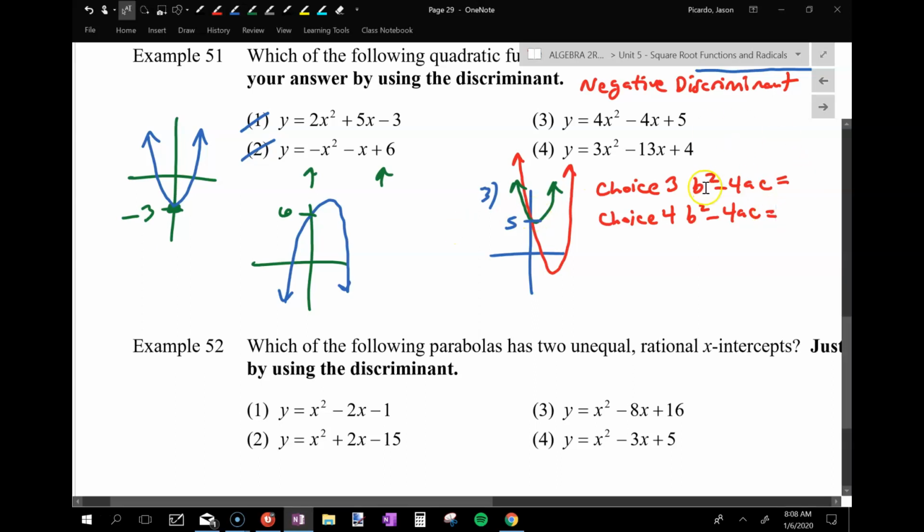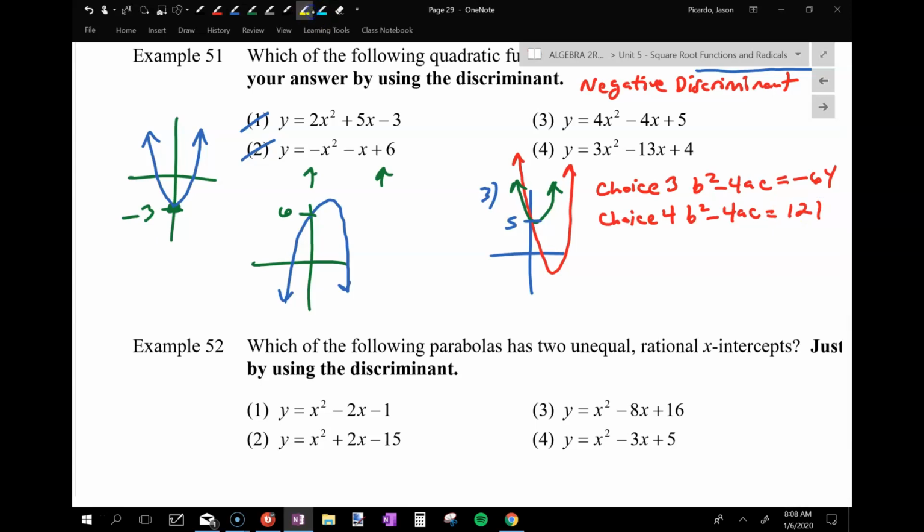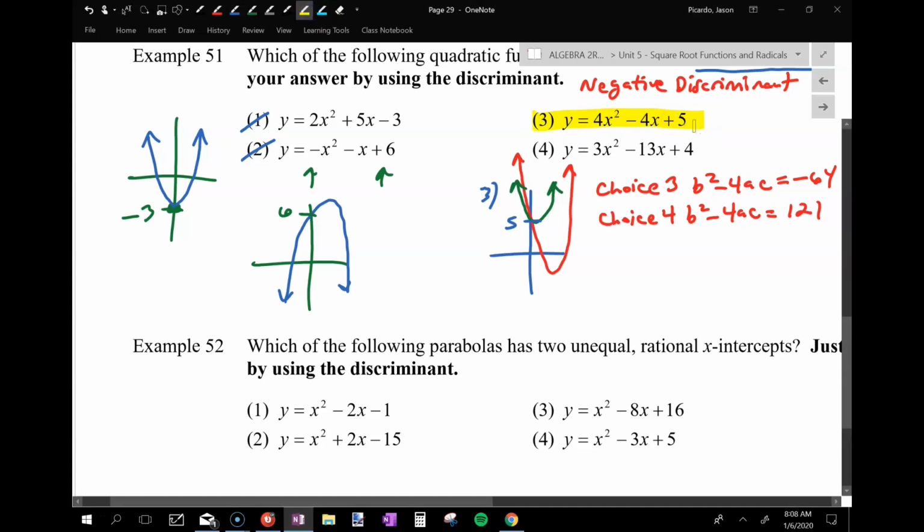But to reinforce what we're doing here, what did we get for choice 3 for the discriminant? -64. And how about for choice 4? 121. And so the one that gave us a negative solution was choice 3. And if you looked at choice 1 and choice 2, they would have given you positive solutions or a solution of 0.